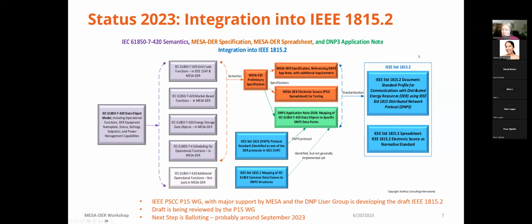What we're now doing is turning this into an IEEE standard, 1815.2. So we're just in the pre-balloting stage. We're having the working group go through and review it, but we hope to get to balloting in September. So I welcome anybody to join in the balloting of this document.